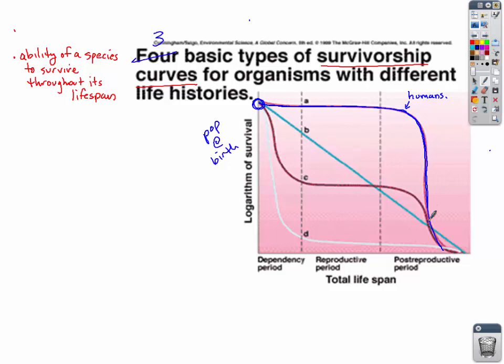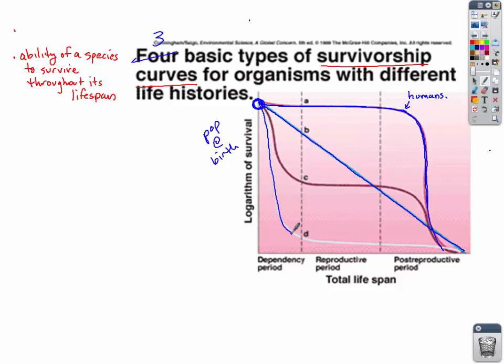Then you have a type of species where some will die at birth and throughout their life, as life goes on, some will die, and they basically fall off at the end in late stage. So you have this steady rate of decrease throughout their lives. And then there's a type of species where as soon as they're born, most of them die.